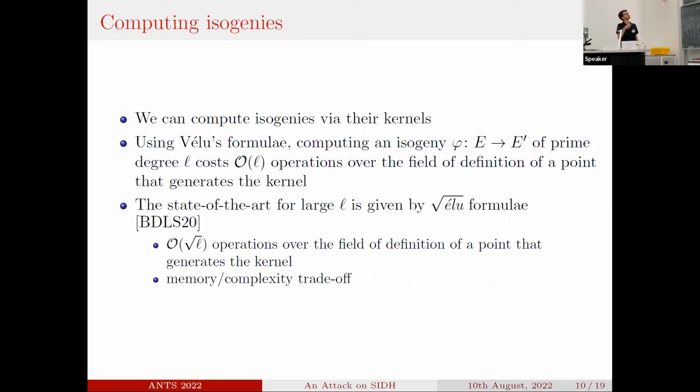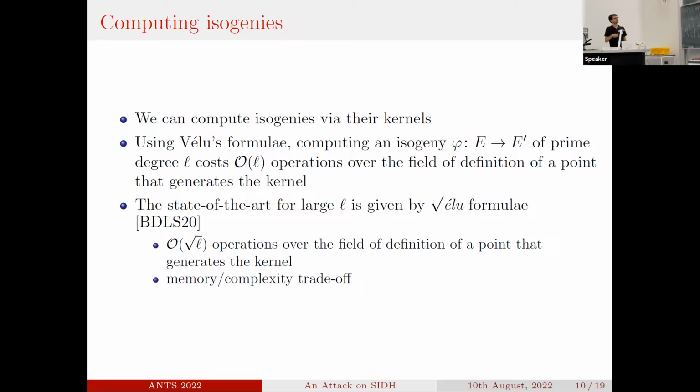The state of the art for large L is given by square root Vélu formulae, and the complexity of these formulae is square root of L. That's the reason why it's called square root Vélu.